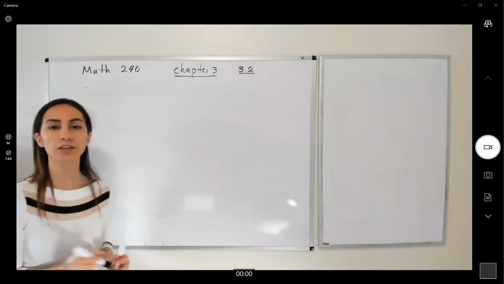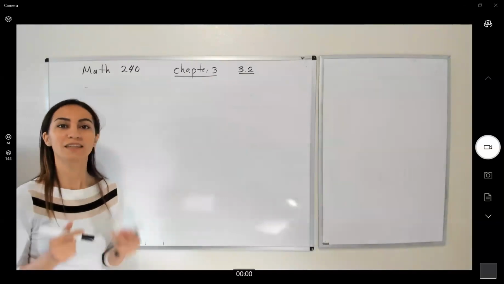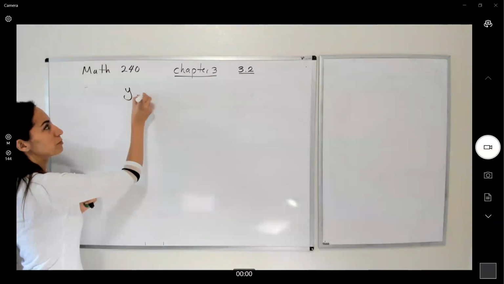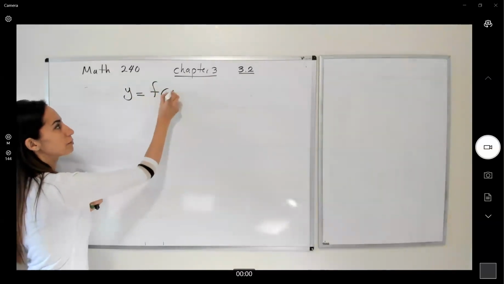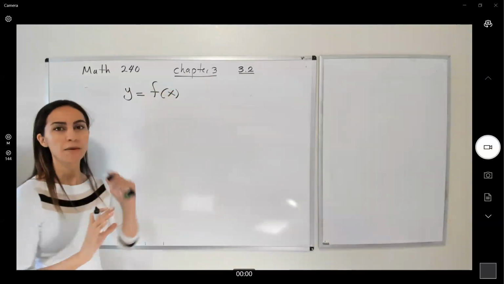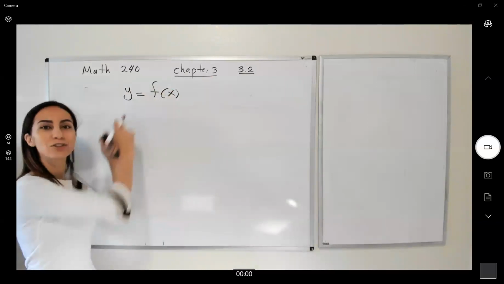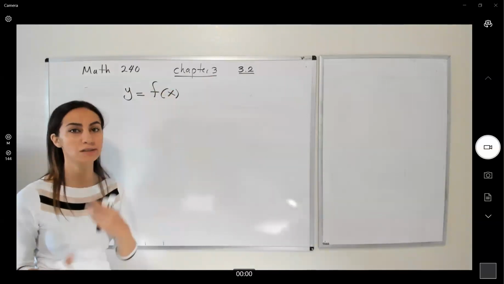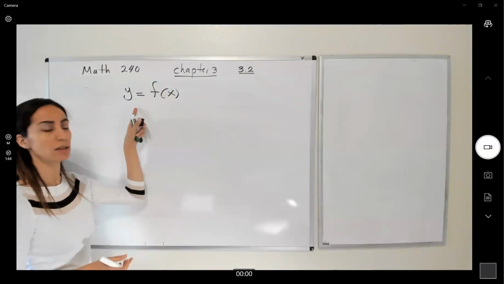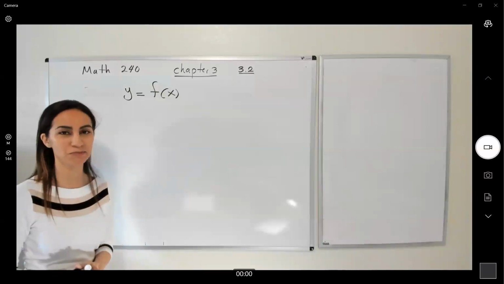So, in general, you can represent a function as a machine like f that takes on values for x, makes some changes to those x values, and gives you back some values like y. So y can be represented using f of x.